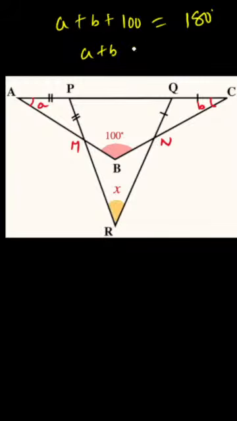So A plus B is going to be 80, right? Now see one thing. In this triangle APM, if this is A, this is also going to be A, because this is an isosceles triangle and base angles of an isosceles triangle are equal.